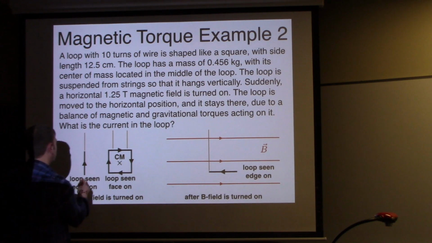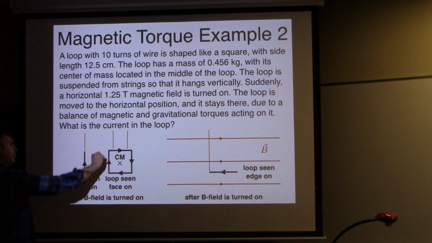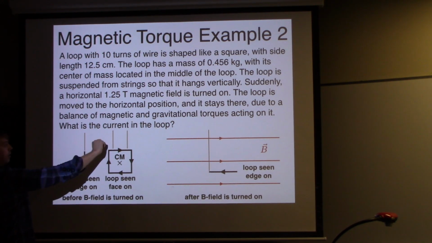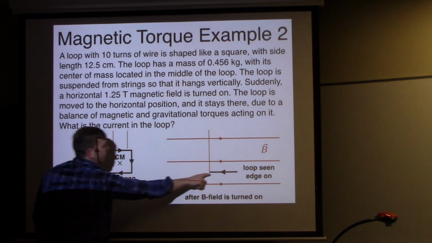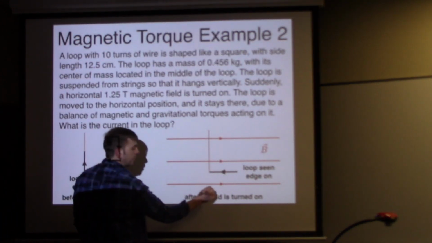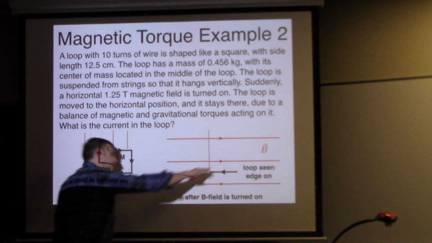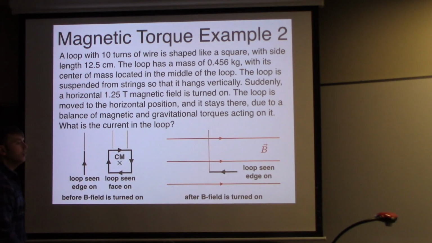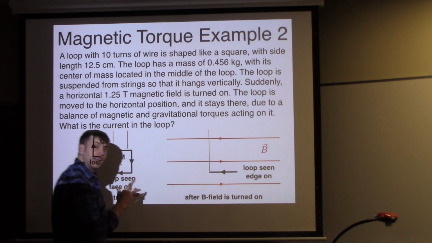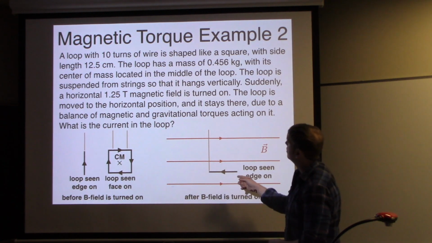So if we take this loop, starting just hanging vertically like this, if I just move it up to this horizontal position, it's actually going to stay there. So normally, if I took the loop hanging down like this and put it up here, we'd expect that it would just flop right over, right? Well, as it turns out, if it's in the magnetic field and there's a torque, then it can actually be held in place like this.